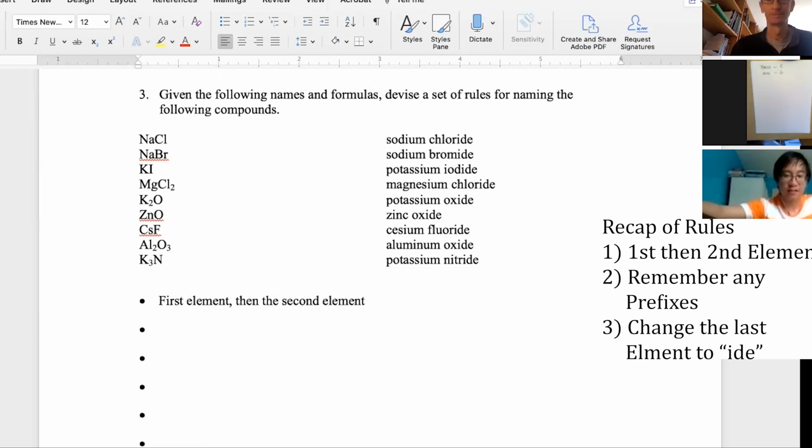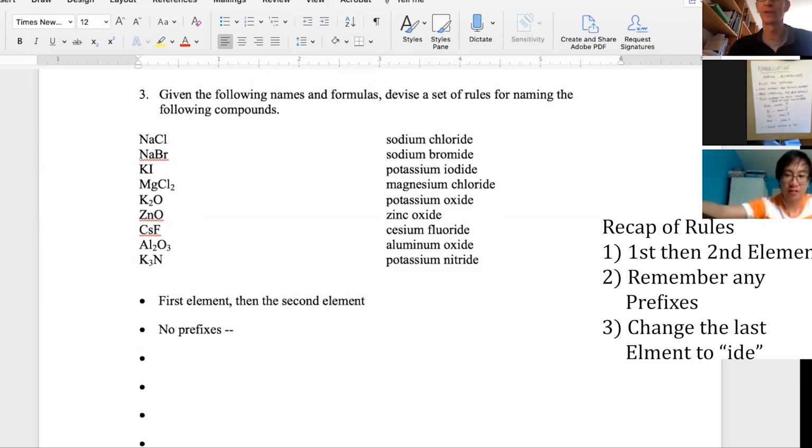Okay. But something that's a little different from that last list is I don't see any prefixes to quantify how many elements there are.